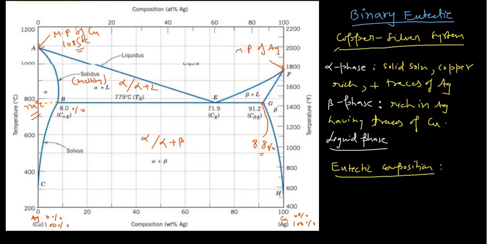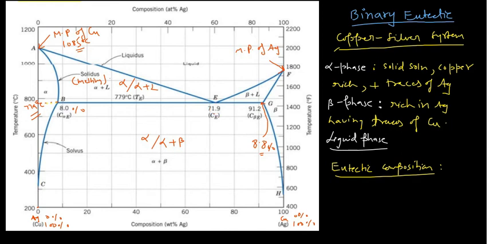At this eutectic point, what percentage do you have? If you can see here, 71.9, this area is rich in silver. So it is 71.9% silver in that case, and the remaining 28% is your copper.